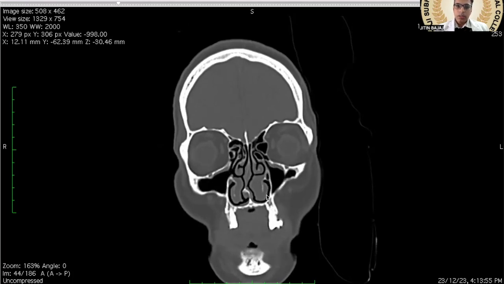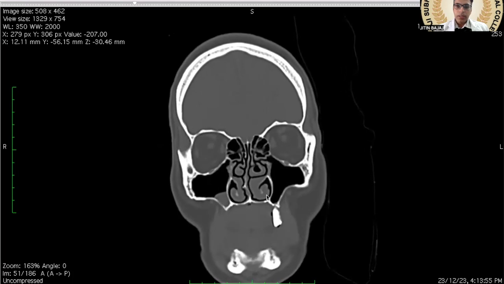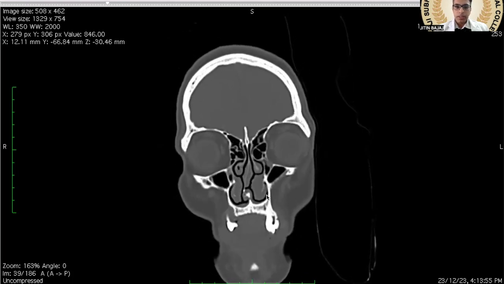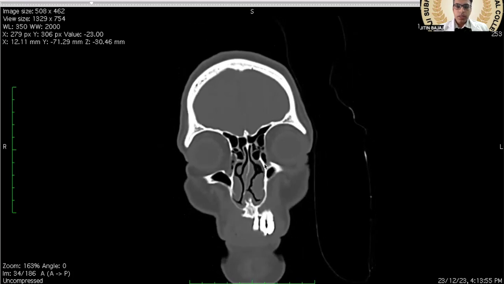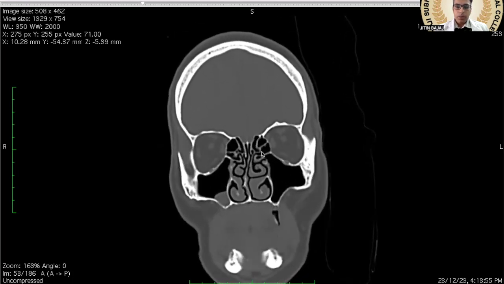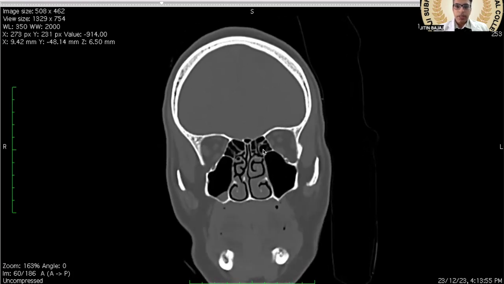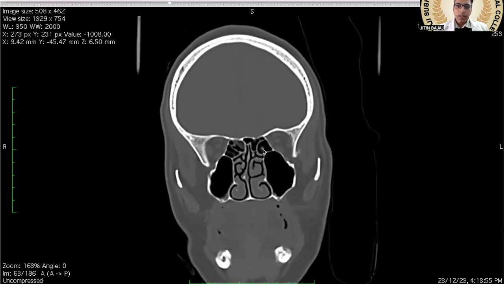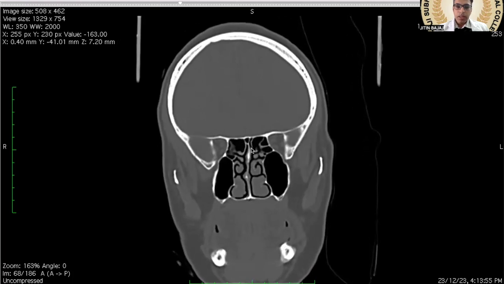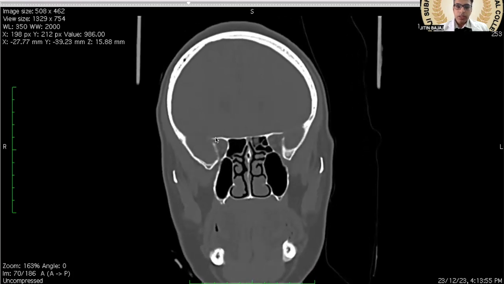Now, how to see when the ethmoids are finished and the sphenoid sinus is starting. So this is important. As we go posteriorly, the skull base, as I said, is shallow, and this will become flattened. Here is the superior turbinate, this is the septum, and behind that you see the lesser wing of sphenoid bone.